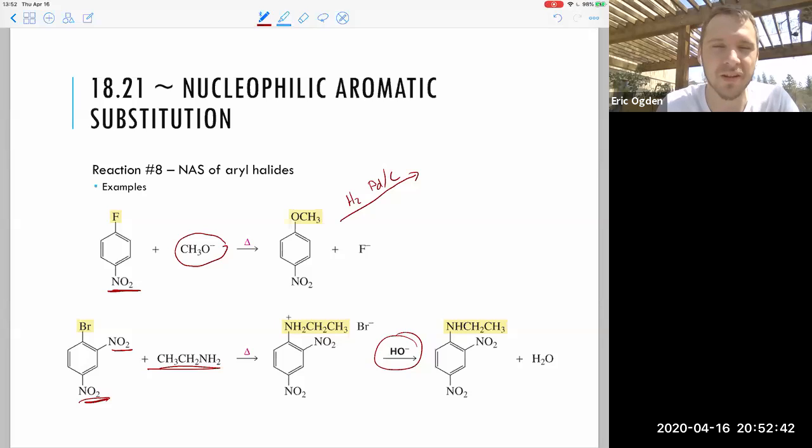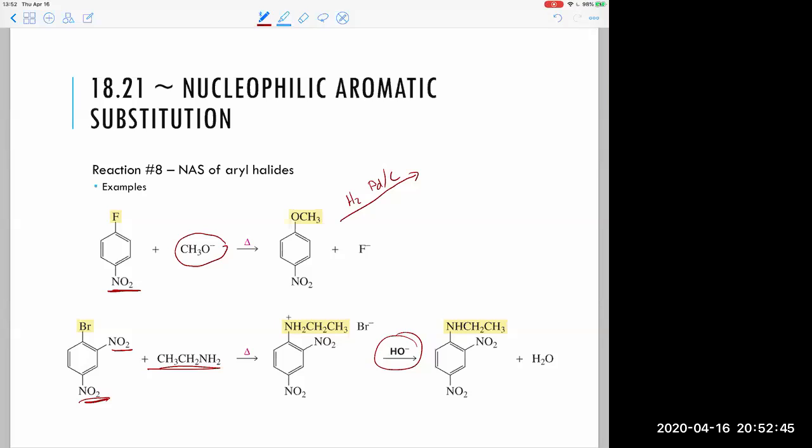Would it just be a benzene ring? No, no. So this is key because hydrogen and the palladium catalyst doesn't chop off any nitro groups or anything like that, but it will reduce a nitro group to an amine group.